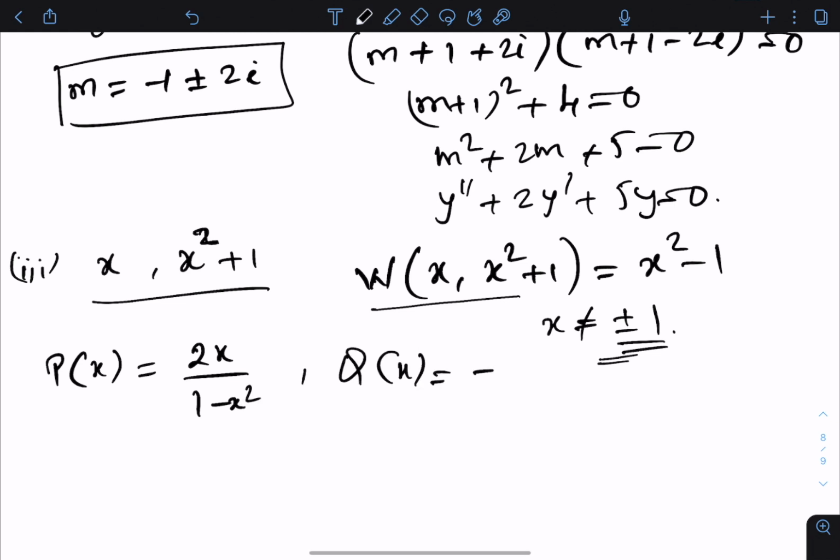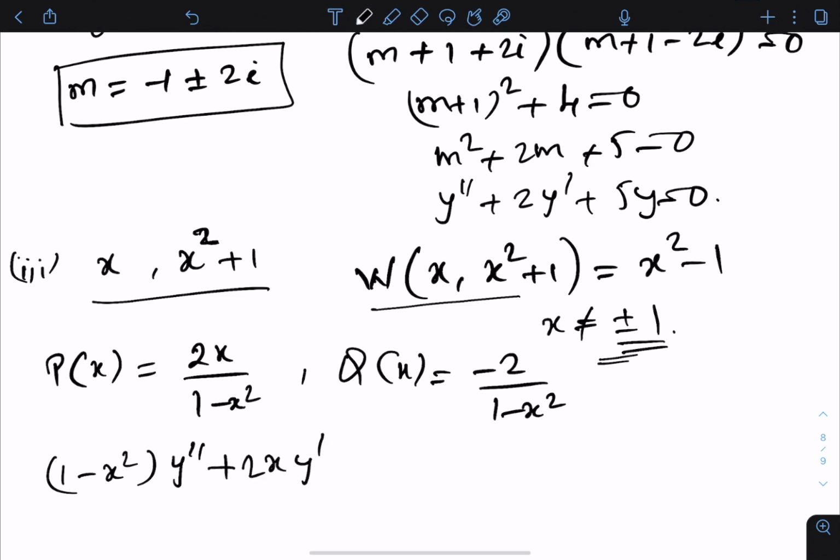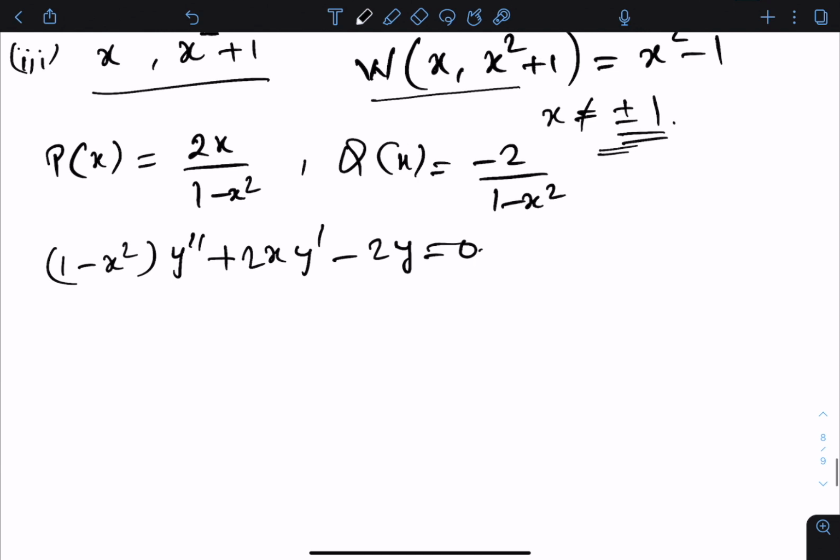You will get minus 2 over 1 minus x square. Using this, the ODE that you get is (1 minus x square) y double prime plus 2x y prime minus 2y equal to 0. So that's your ODE.